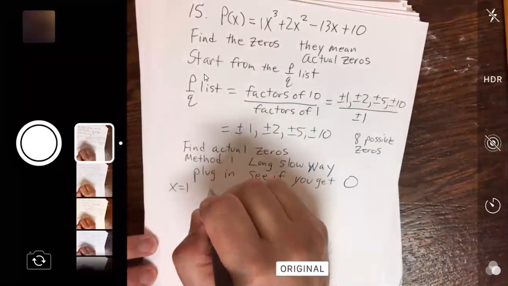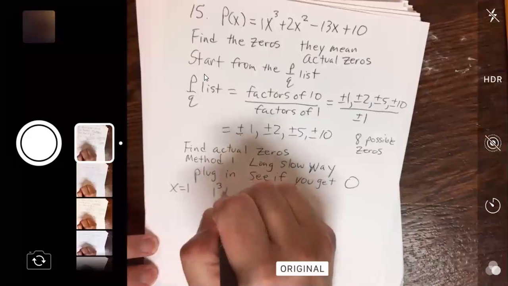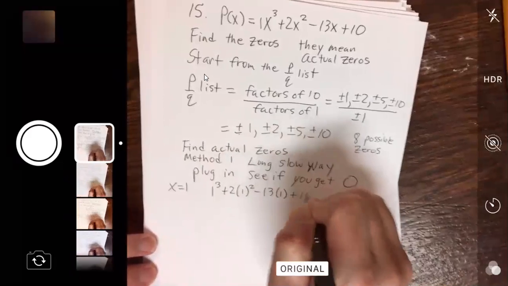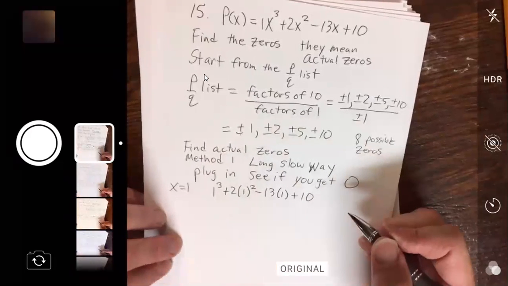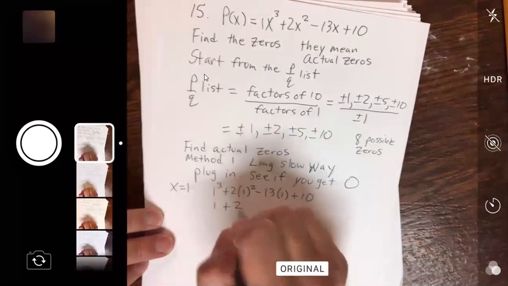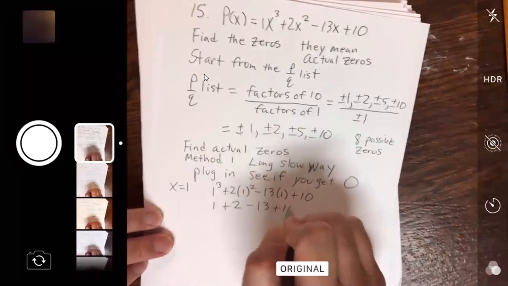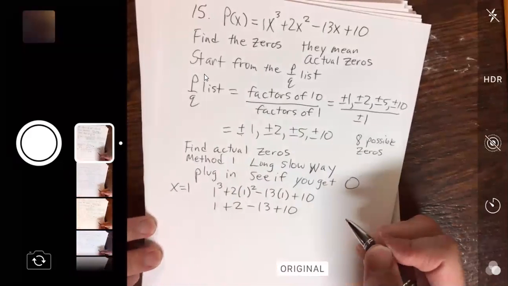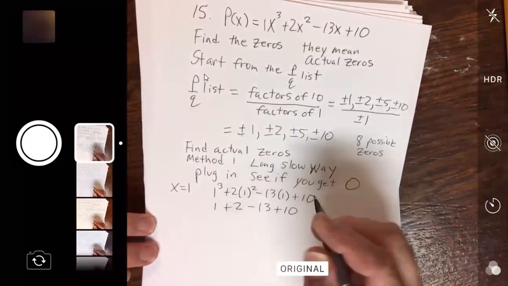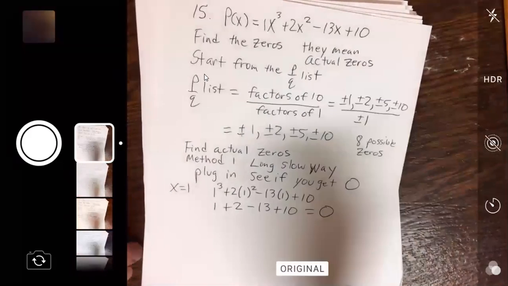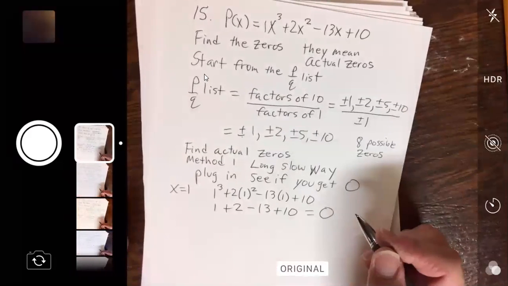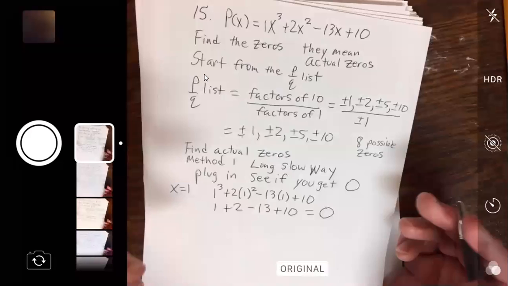You'd get 1 cubed plus 2 times 1 squared minus 13 times 1, add 10. So you're getting 1, add 2, minus 13, add 10. 3 minus 13 is negative 10 plus 10, I think it worked. Hit 1 on the first try. It's almost like fishing.